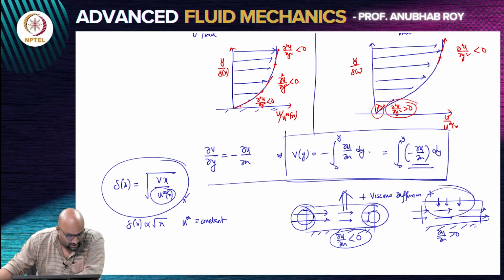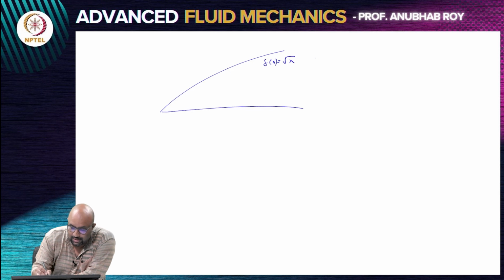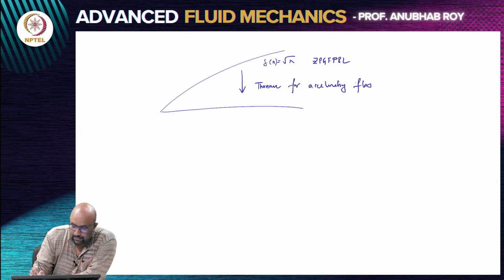So the picture is, if I draw the boundary layer, and this is delta of x proportional to root x, which we got in the zero pressure gradient flat plate boundary layer, it will become thinner for accelerating flows and it will get thicker for decelerating flows.